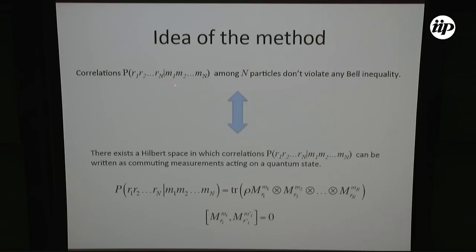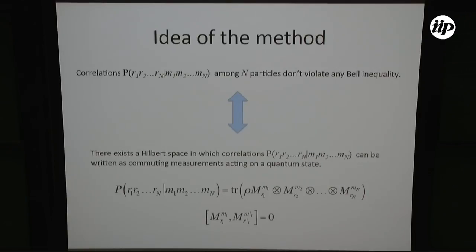So if some correlations violate a Bell inequality, for sure the system is entangled. But if they don't violate a Bell inequality, I know that these correlations can be written as local measurements acting on the quantum state, because they are quantum correlations. But on top of that, I know that these measurements commute.